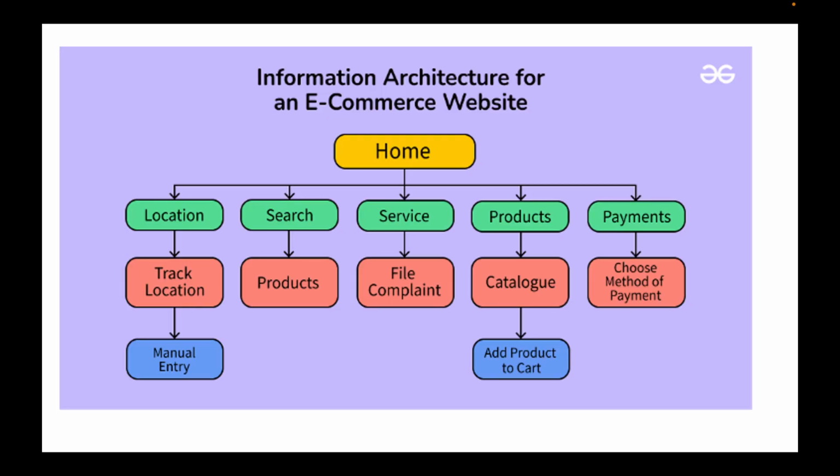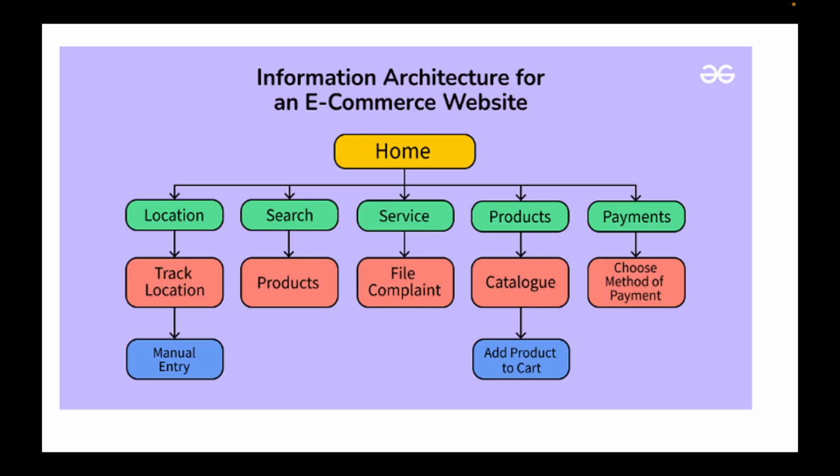Here is a sample information architecture for an e-commerce website. So first, we have a home page. Below that, we have different services like location, search, service, product, payments, which is the first level of abstraction.